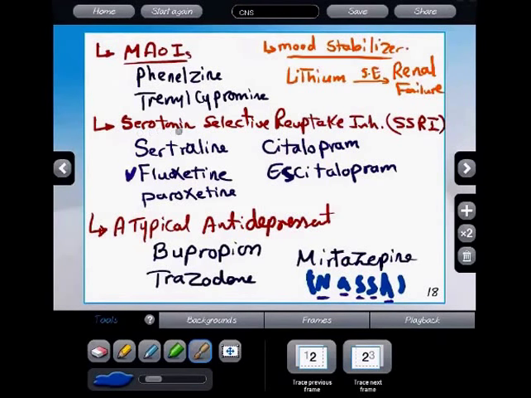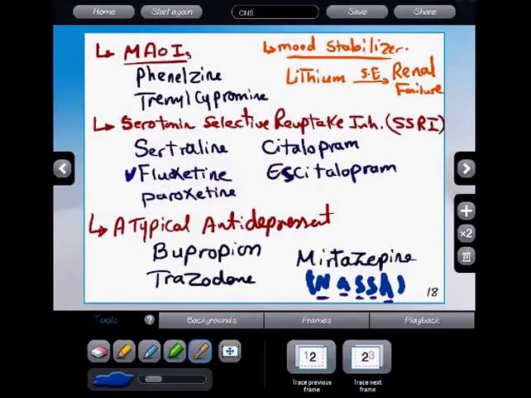And there are serotonin selective reuptake inhibitors, which are SSRIs, and these are the most common nowadays in the market and have a high market share, like sertraline, fluoxetine, paroxetine, citalopram, escitalopram.